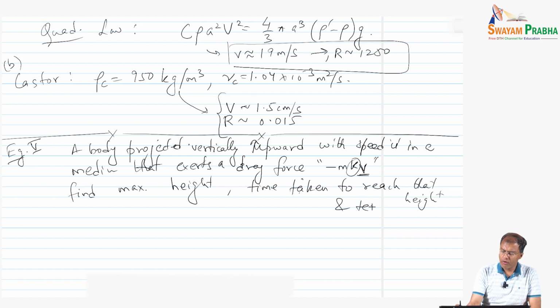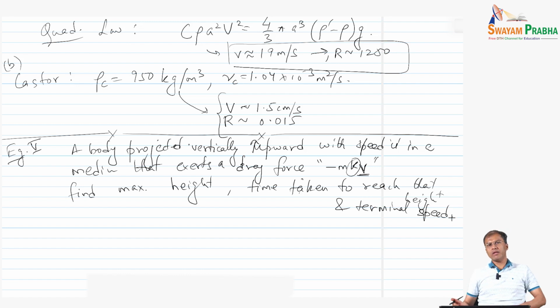And we also have to find the so-called terminal speed. So this is a new concept in a resisting medium. What is terminal speed? Terminal speed is the speed of the object when there is no net acceleration. That is, the object is moving with a steady velocity, right? So that is terminal speed.